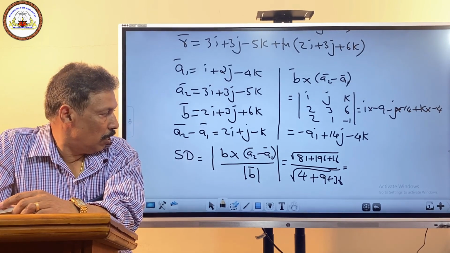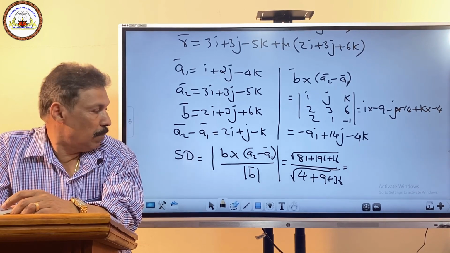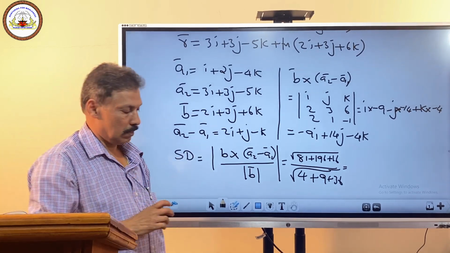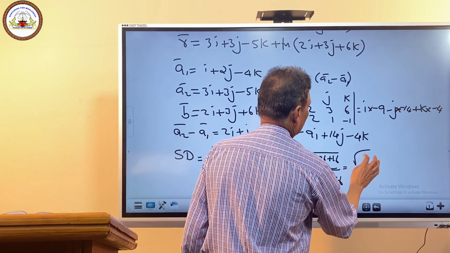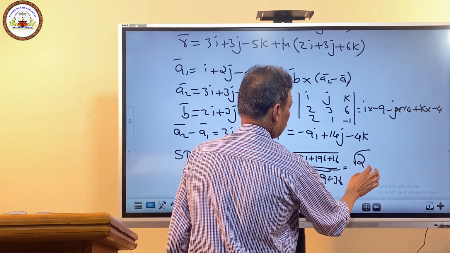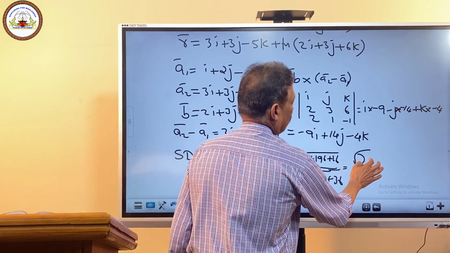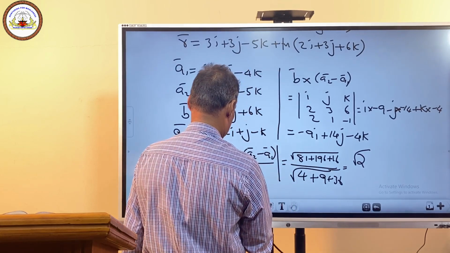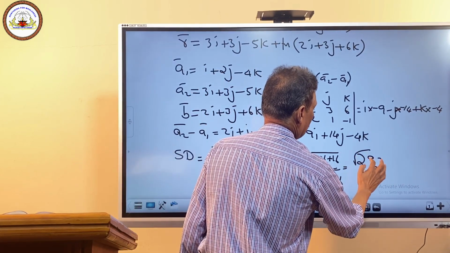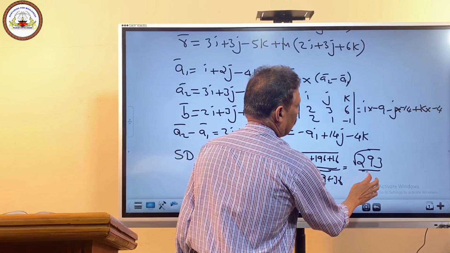The simplified value is root 293 divided by root 49, that is root 293 divided by 7.